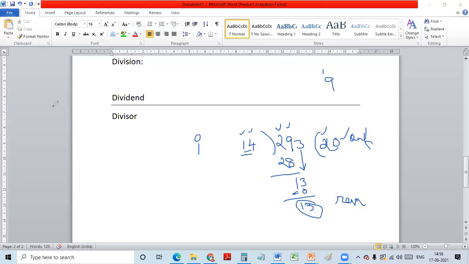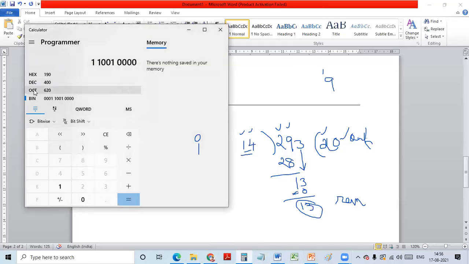So if you go for binary division in the same way, consider 293 in decimal.